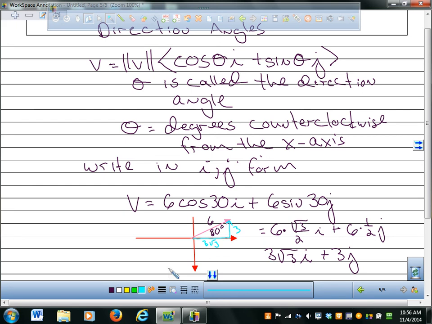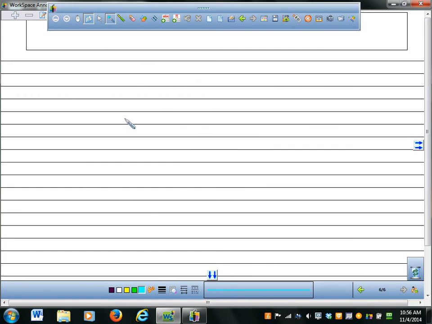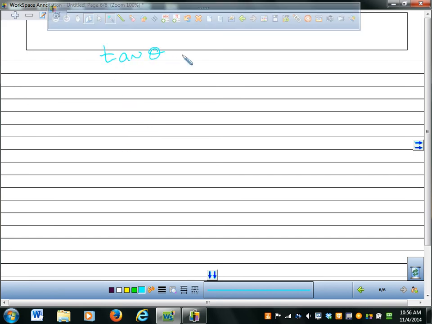Last couple things. So when you are doing direction angle form, tangent of theta, can you see that? Is it red? To me it looks very light blue. But tangent of theta is equal to b over a for V equals ai plus bj.